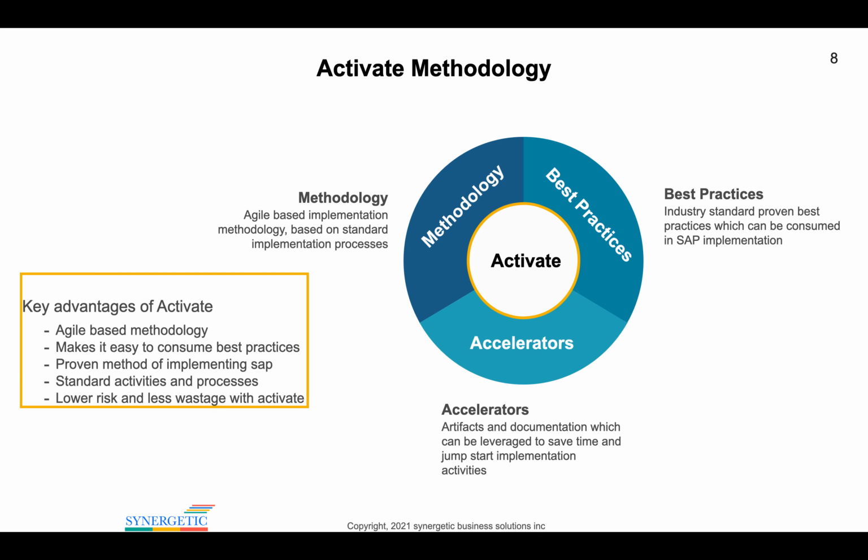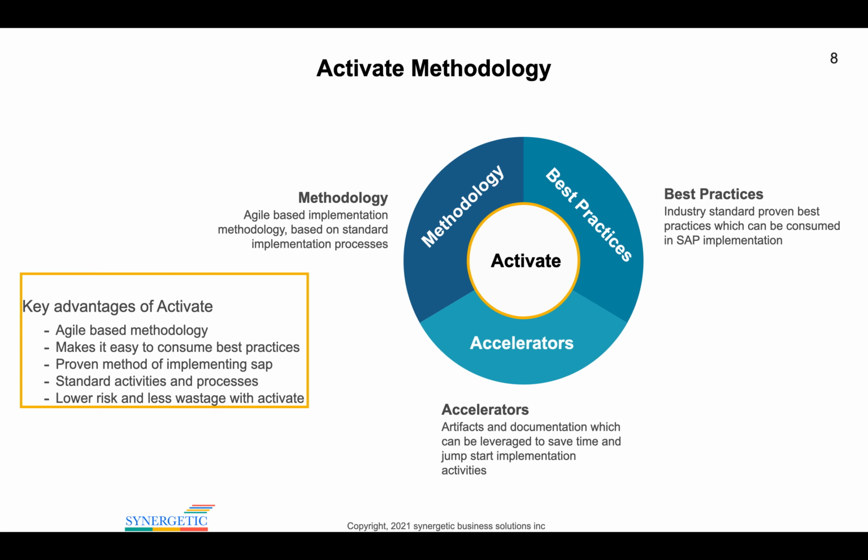It can be viewed as made of three parts. Basically, it gets tightly woven into best practices. All the best practices are in another entity, and the methodology is sequential. It divides the implementation into sequential phases, where it offers you standard implementation processes that you get an opportunity to do in a particular phase.